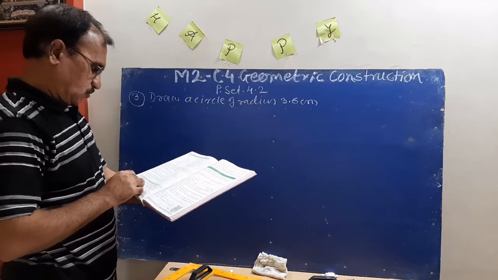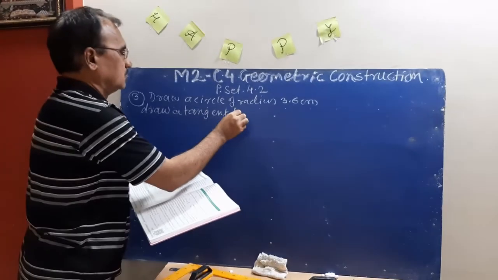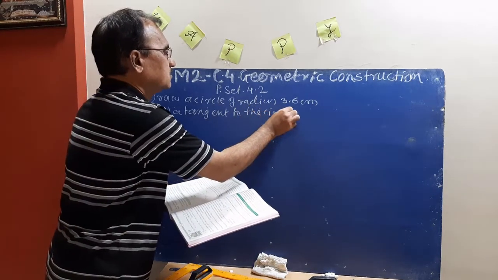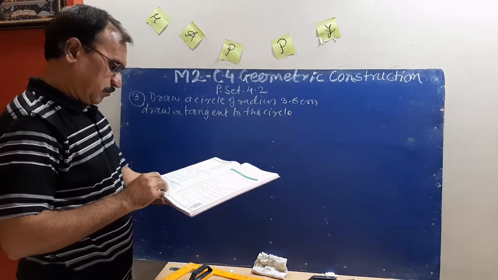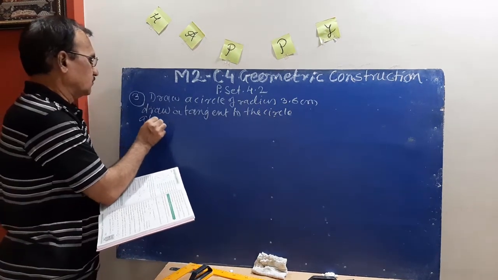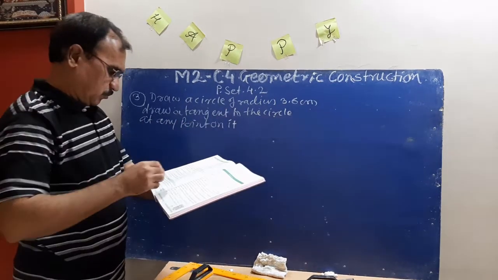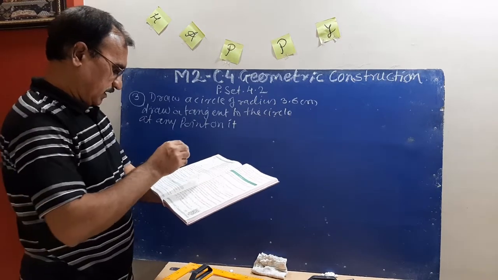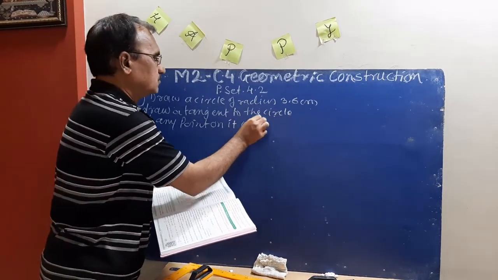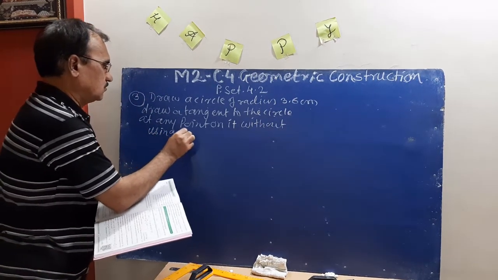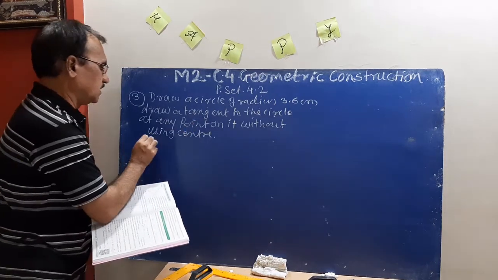Draw a tangent to the circle at any point on it without using center.